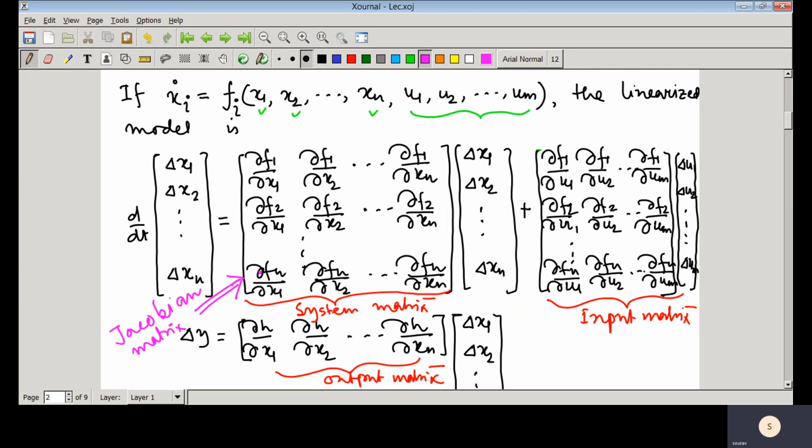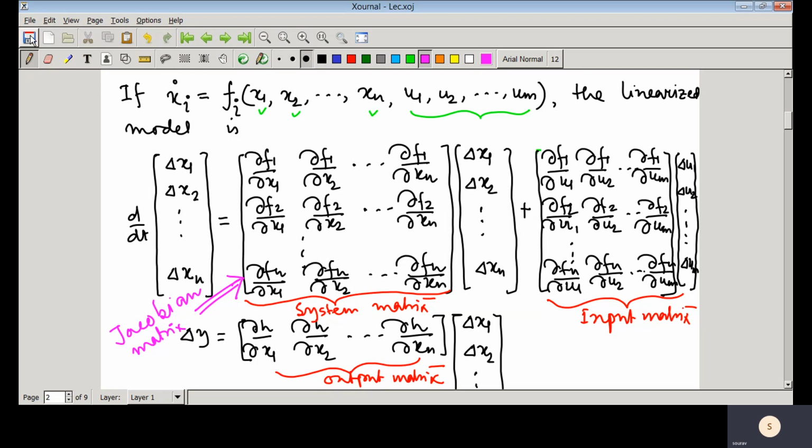That means whenever a nonlinear system is given with smooth nonlinearity, you can expand the state equation and output equation in Taylor series, and you can get the Jacobian matrix, that is the system matrix, input matrix and output matrix. So this is the linearization of our nonlinear systems with smooth nonlinearity.